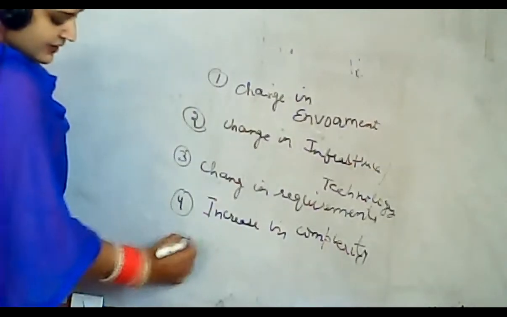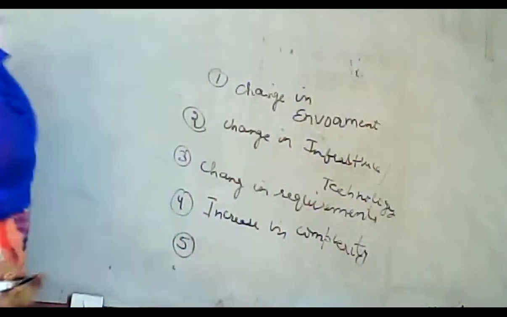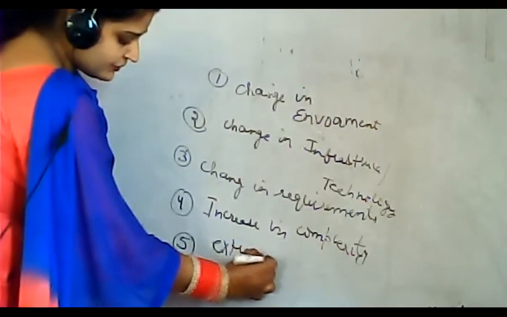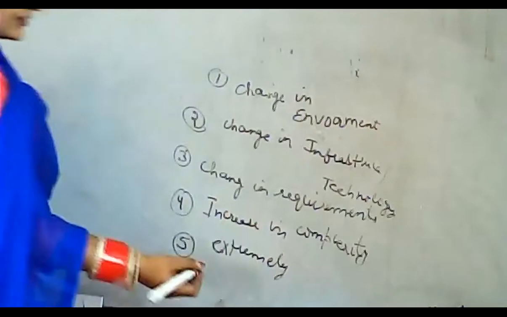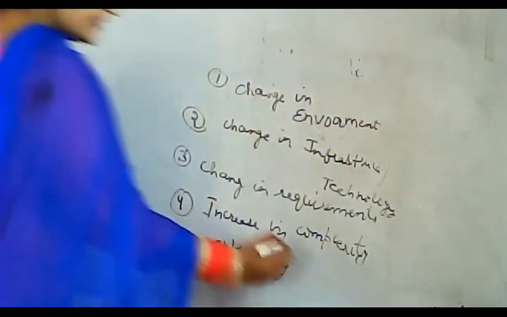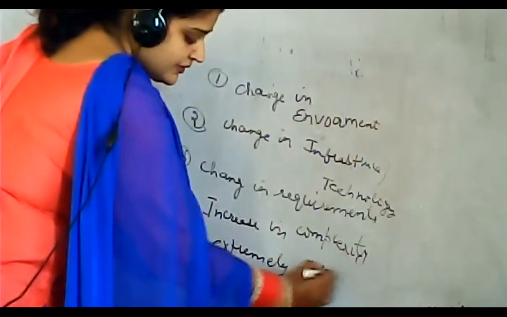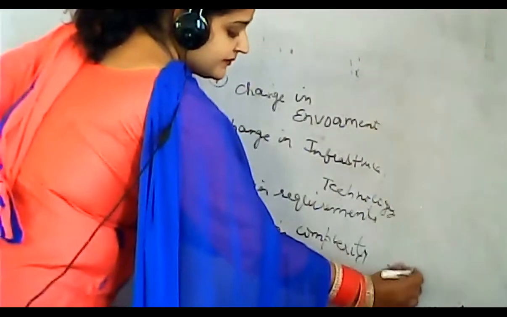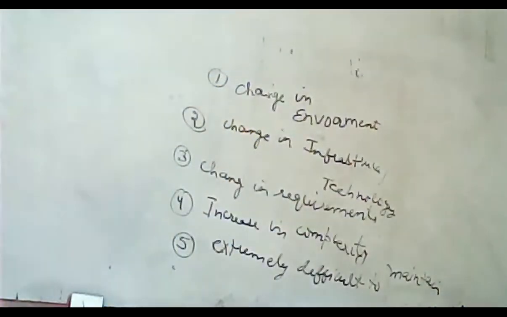Or we can say it is extremely difficult to maintain. The software is obsolete just because it is extremely difficult to maintain, or we can say deterioration in structure of the code.